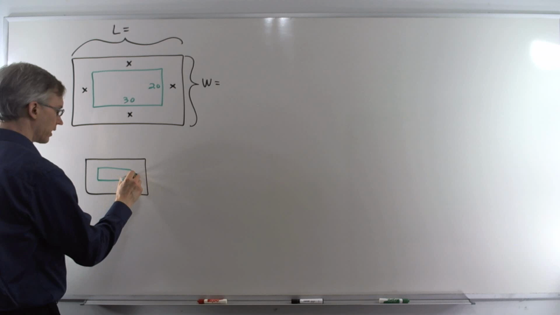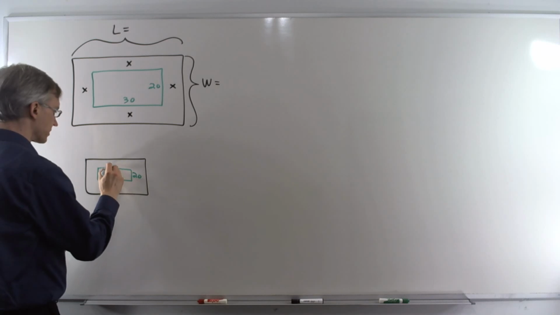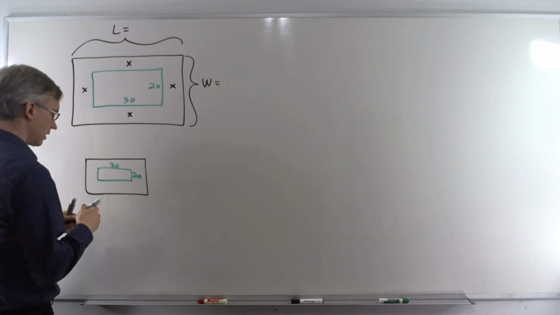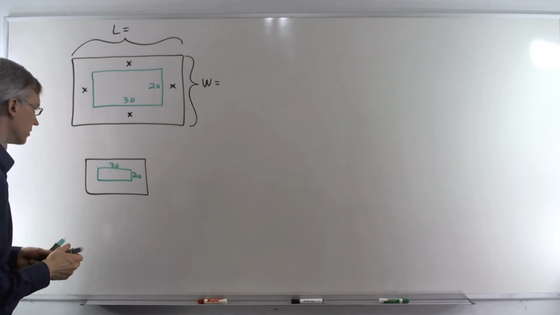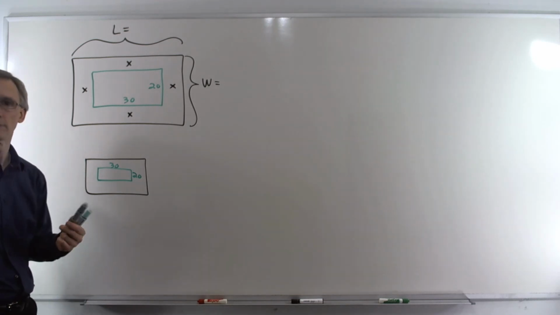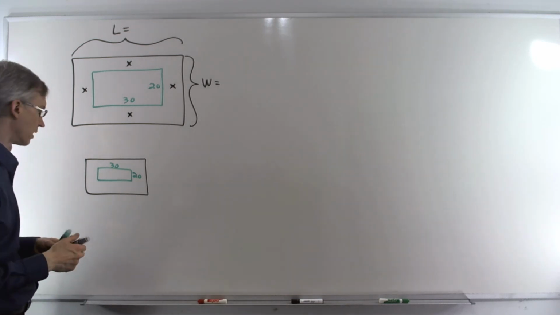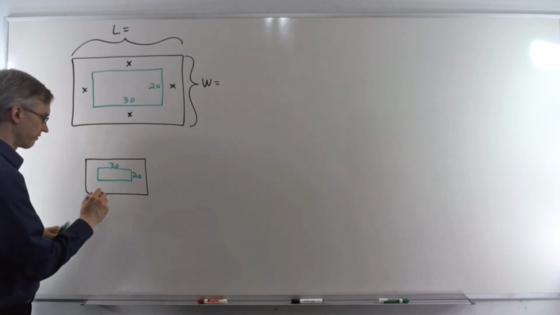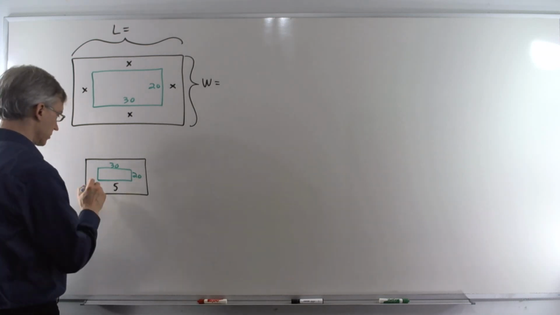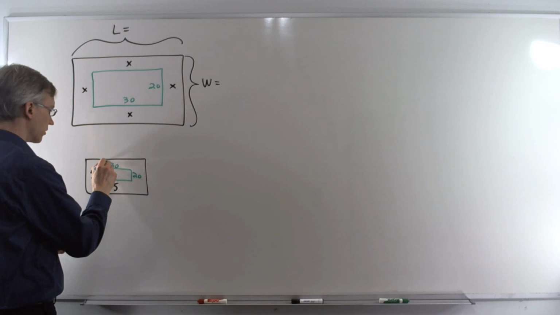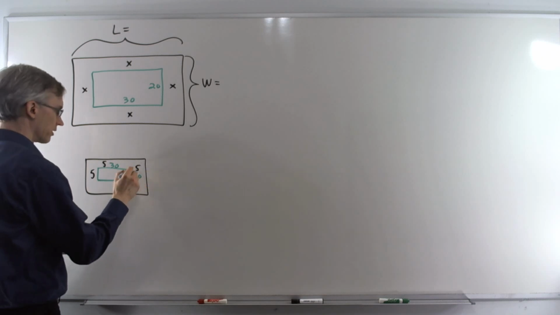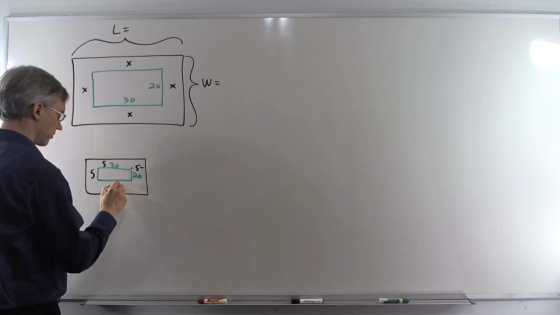We still have 20 on this side, still have 30 on this side. And let's say, I'm just going to come up with some random actual number, that the width of this is going to be 5. So on all sides, we got an additional 5 here.